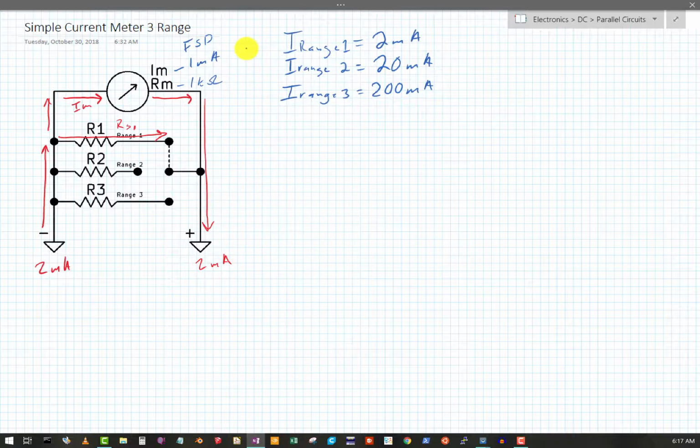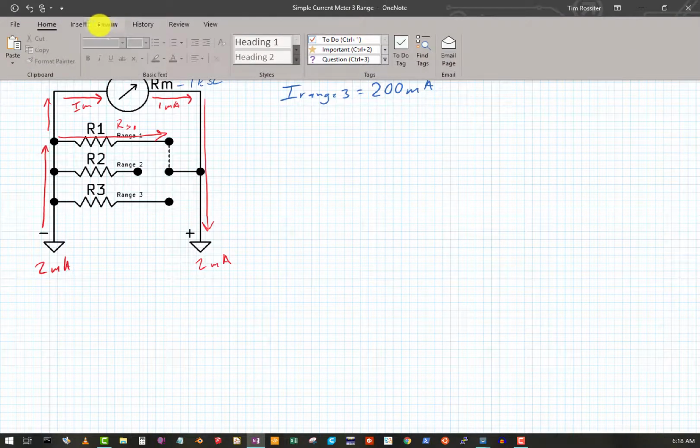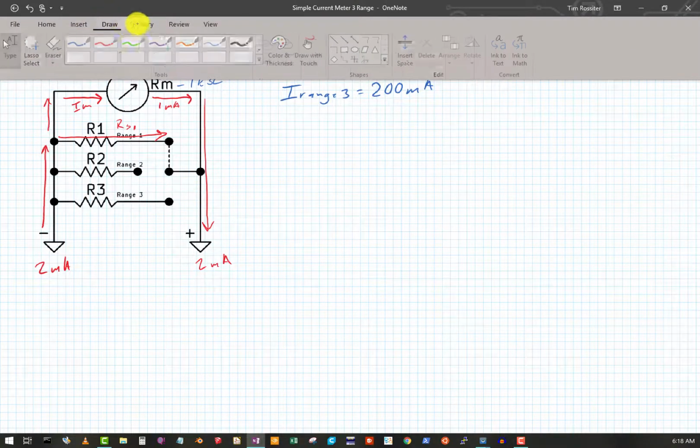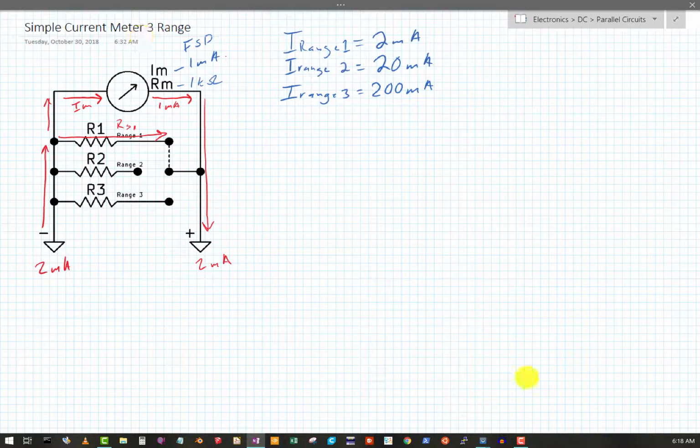I know that I meter is only 1 milliamp at full scale deflection, so R1 is going to be my shunt resistor for range 1. So I need to determine how much current I need to shunt away from the meter, or reroute away from the panel meter, and therefore how much resistance that is going to take. I determined in the previous video that range 1 is exactly the same as before.